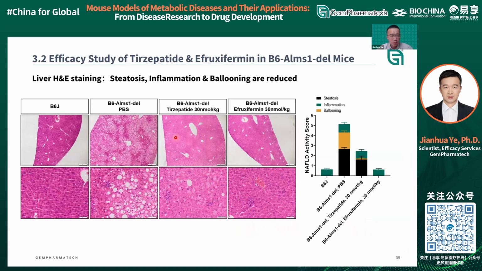When we do the H&E staining and the MASH score, we can find that after treatment with the two drugs, the fatty liver phenotype is rescued to a large extent, as we can see from the staining, and the MASH score is also reduced.